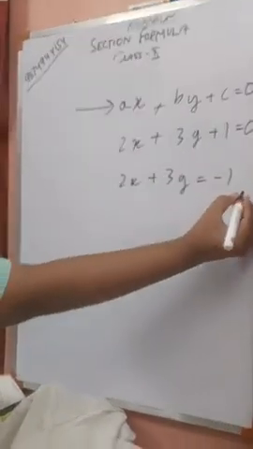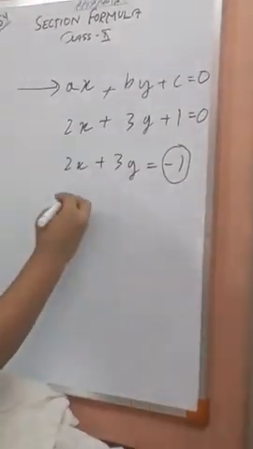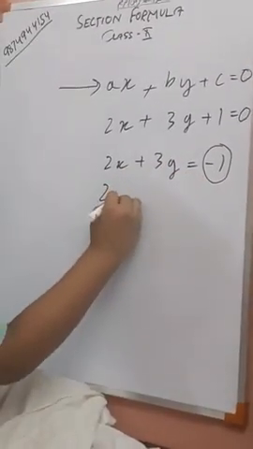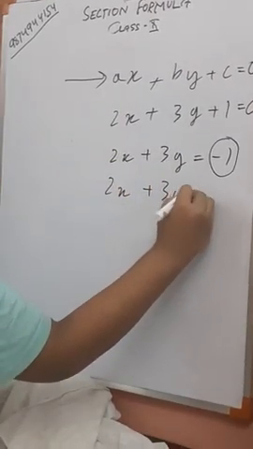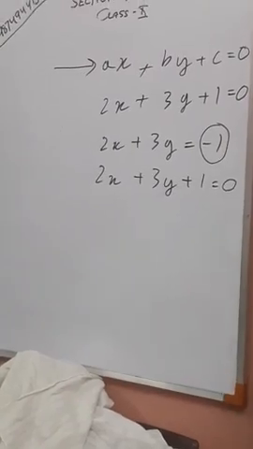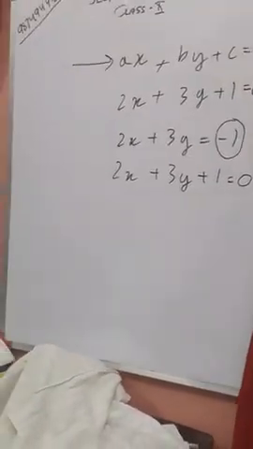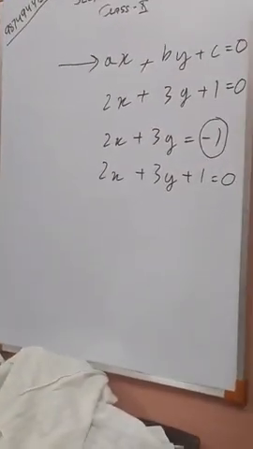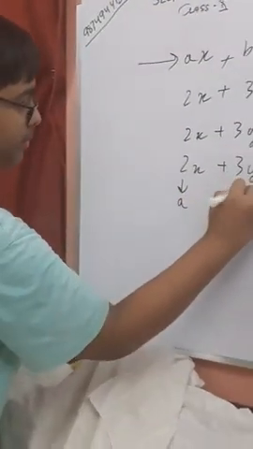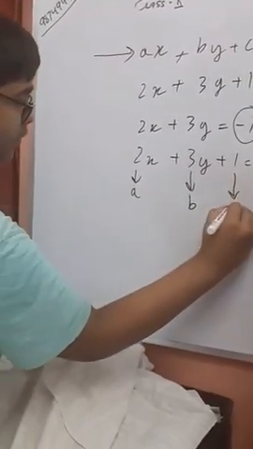How will we write this in this format? We will just take the right hand side constant to the left hand side, 2x plus 3y plus 1. Now we will need to find out the values of a, b and c. From here we can simply find out a is 2, b is 3 and c is 1.